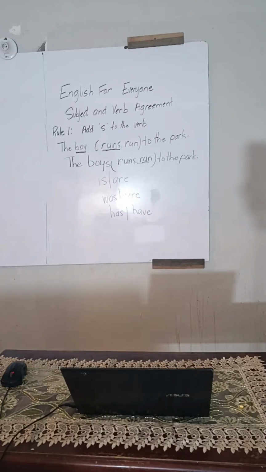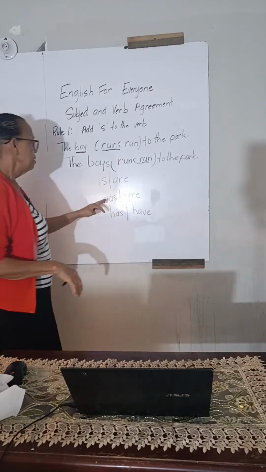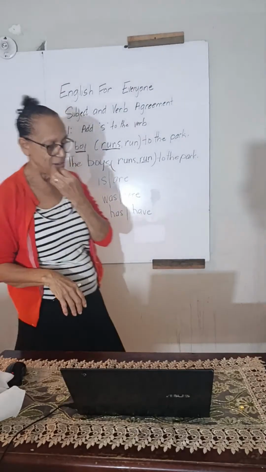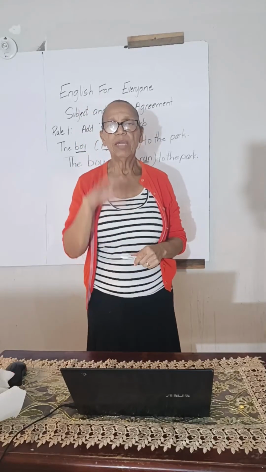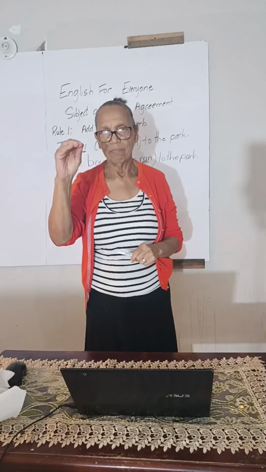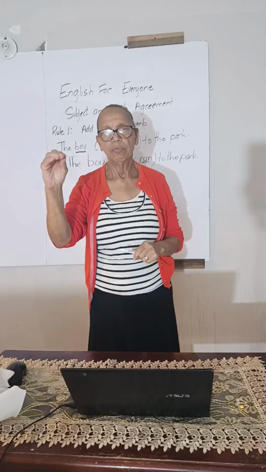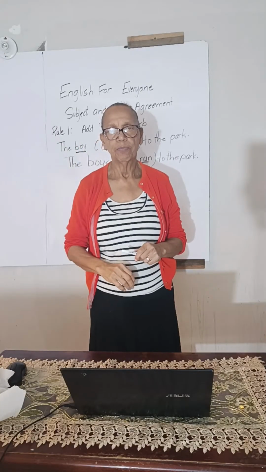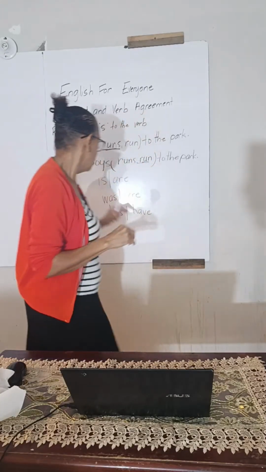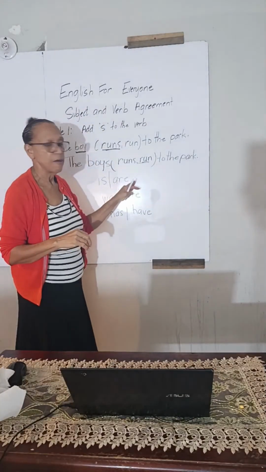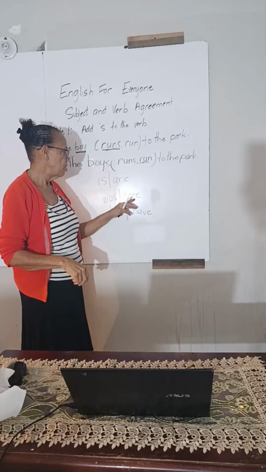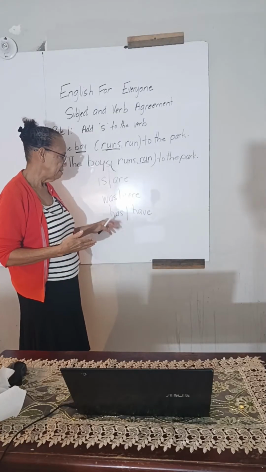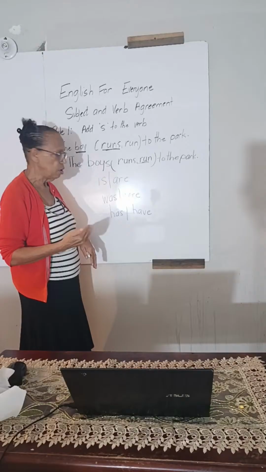So we have these: is and are, was and were, has and have. So we can look at those. Is means one. The boy is going to the football match. The girls are. She was, past tense. They were. And has, she has a book.